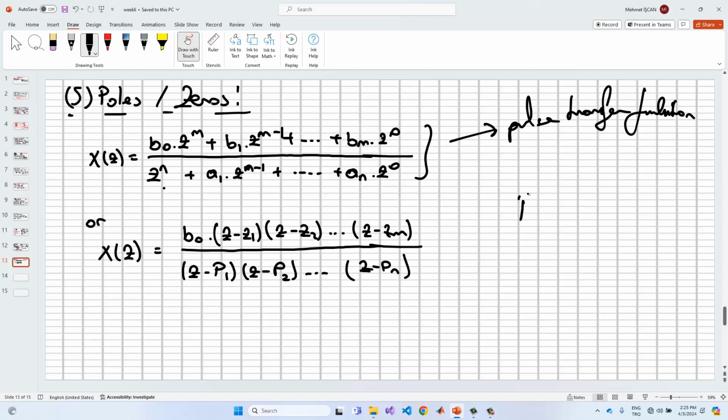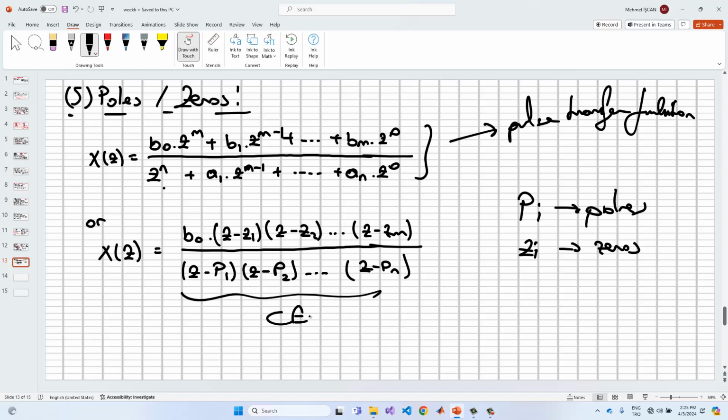Okay, and so pi are the poles and zi are the zeros, and the poles are important for checking the stability of this system. Okay, it's kind of the characteristic equation in Laplace transformation.